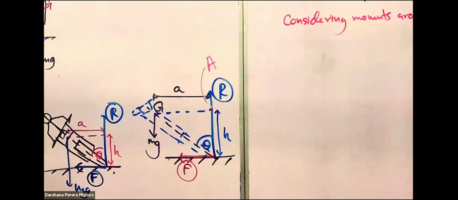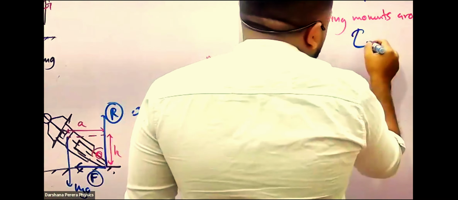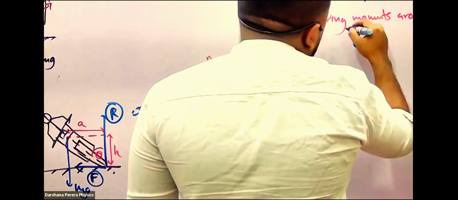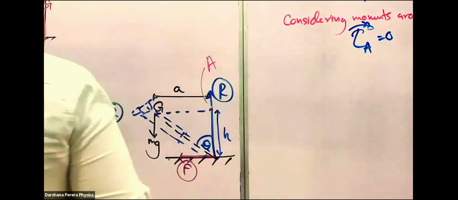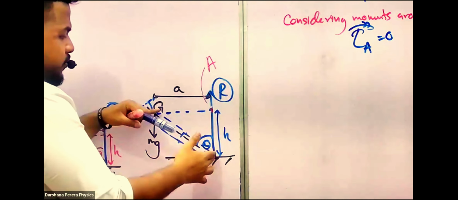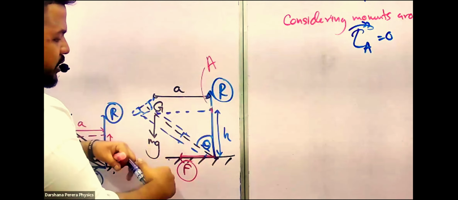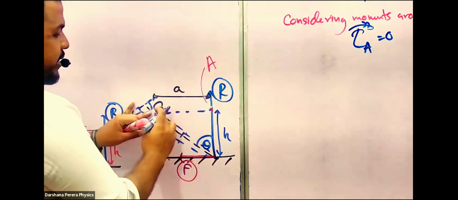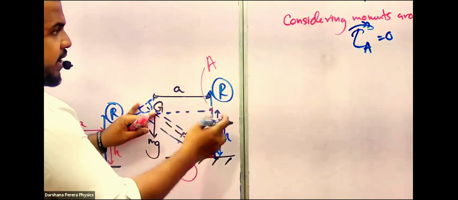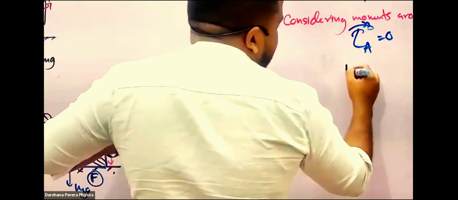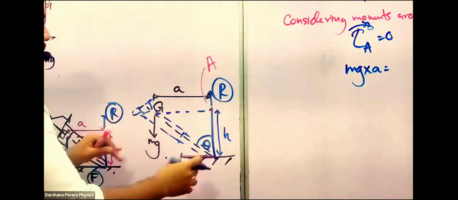For equilibrium, the sum of moments around the toe A equals 0. That means mg into a, since the line of action of mg acts at perpendicular distance a. mg into a equals what?